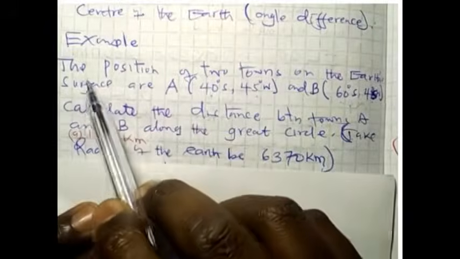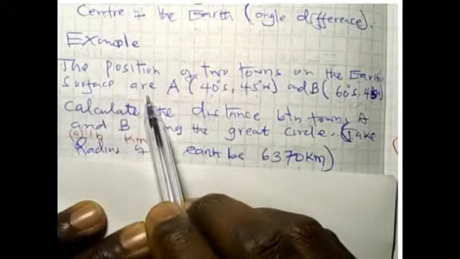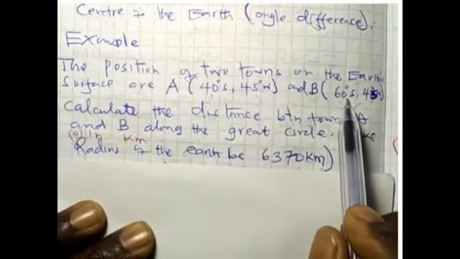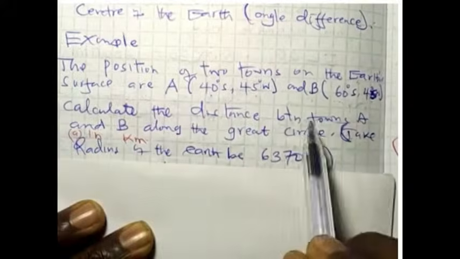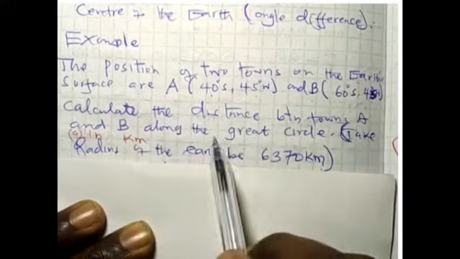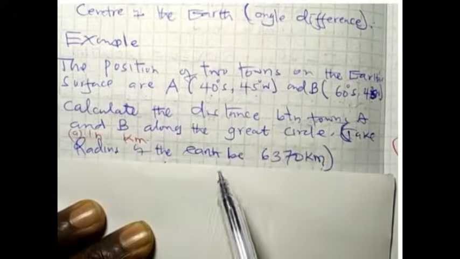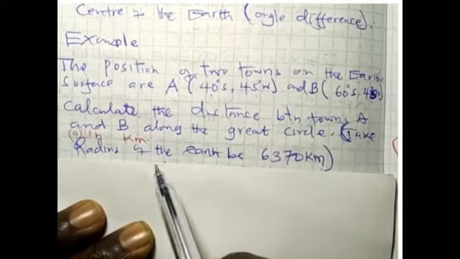Let us look at this example. The positions of two points on the Earth's surface are A, 60 degrees south, and point B. Find the distance along the great circle in kilometers and in nautical miles.